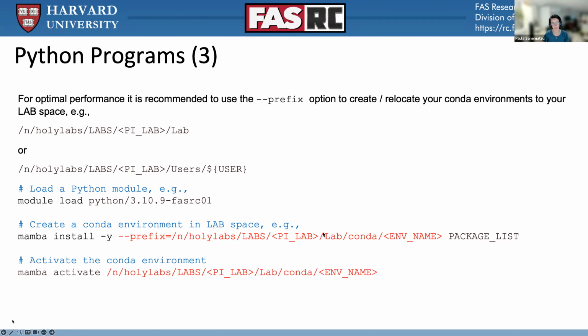For optimal performance, it is recommended that you use prefix to create your Conda environment in a file system that has better performance, for a few reasons. One of them is that usually if it's a Holy Labs, this file system is located in Holyoke, whereas if you're installing in your home directory, that file system is located in Boston.